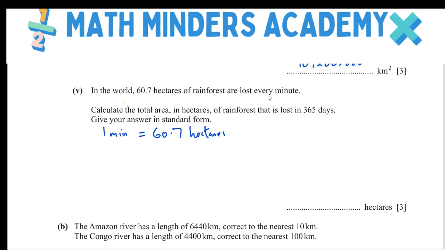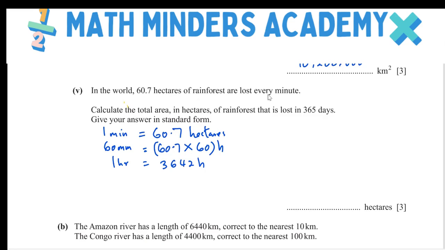In 1 hour, that means in 60 minutes, this is what will be lost. So in 1 hour, we have an equivalent of this, which if we multiply out, gives us 3,642. This is what is lost.